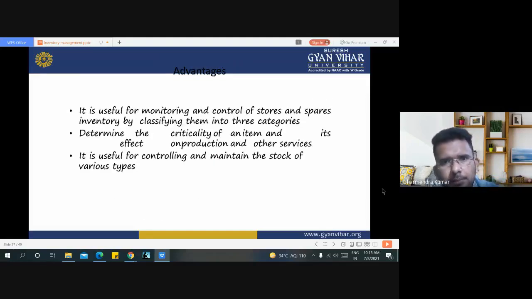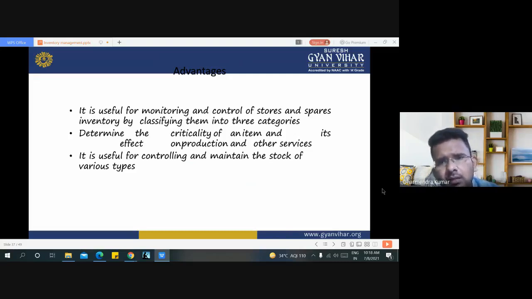These are some advantages of VED analysis. It is useful for monitoring and control of stores and spares inventory by classifying them into three categories. But one thing should always be kept in mind: the basis of the categorization is the importance of that part in any manufacturing plant.